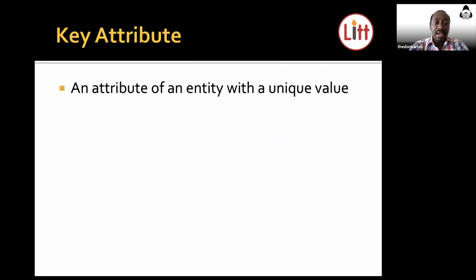Let's look at key attributes. This type of attributes, even with the name, is very key in every database. A key attribute is an attribute of an entity with a unique value. So for all key attributes, their values are unique.